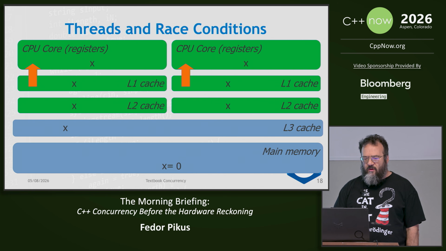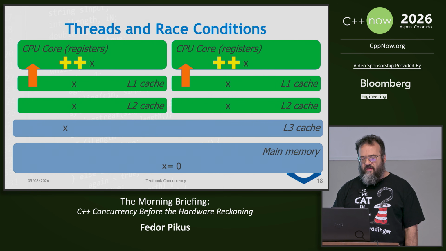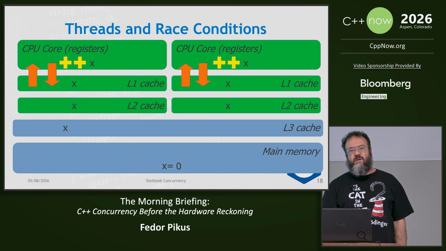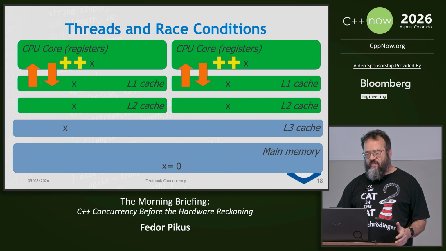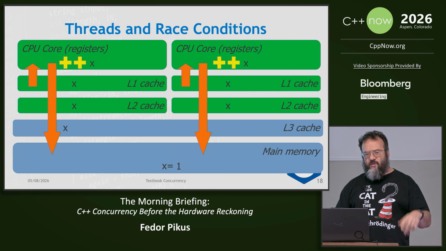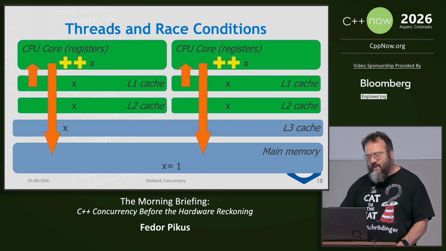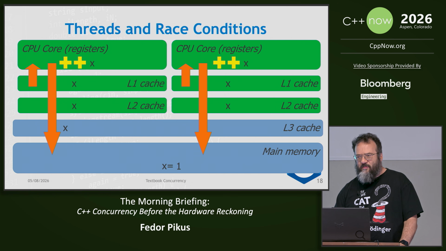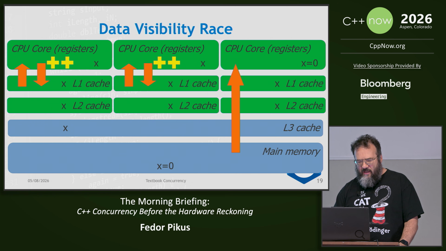So when two cores read the value of x, they just read it from their private per-core caches. They don't know anything about each other. They increment it, and then they write it. When two cores end up with different values, one of them will be committed first, the other one will be committed second and overwrites the first one, but you end up with 1, because they didn't wait for each other.